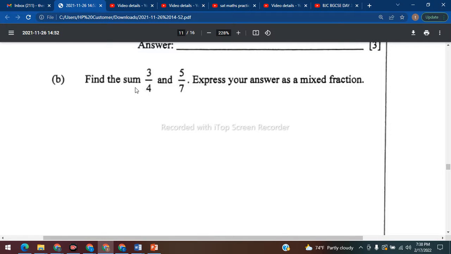It says, find the sum of 3 over 4 and 5 over 7. Express your answer as a mixed fraction.